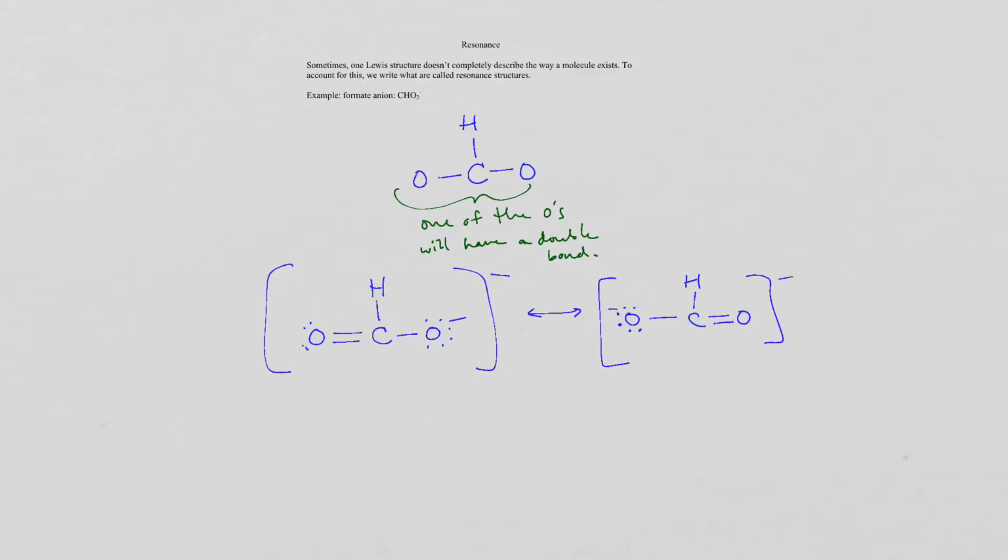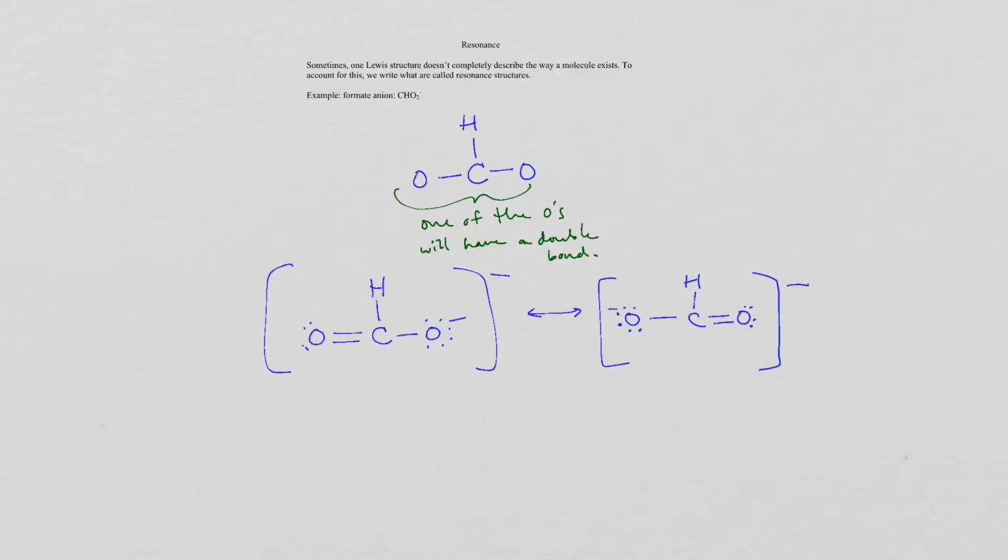Anyway, I just like to include it to remind myself which atom has that charge that's giving rise to the total charge on the molecule. So these 2 resonance structures, and I'm going to redraw this second bracket here a little cleaner for you, describe really well how this formate anion exists.